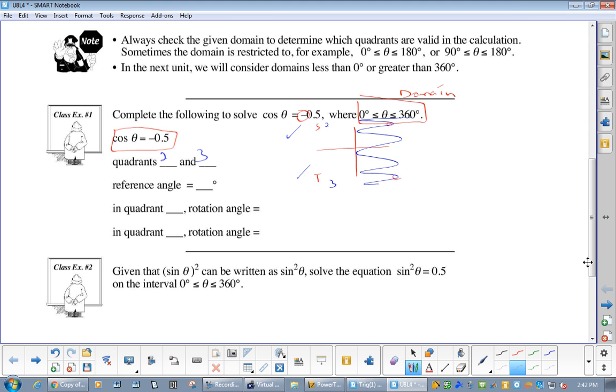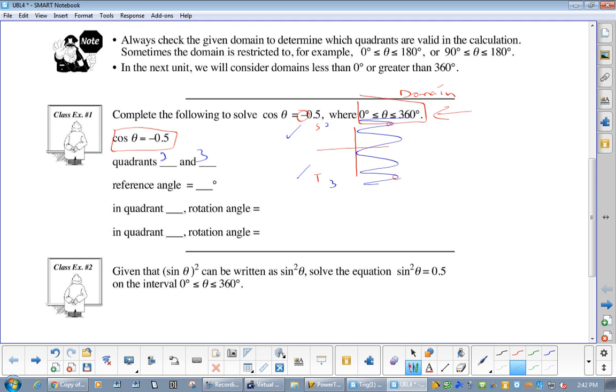So always keep an eye on the domain. If it says between 0 and 2 pi, you switch to radians in your calculator. Okay? So it will not say, make sure you're in degree mode, but it kind of does. Because it says, hey, this is what you're playing with. Between 0 and 360. Okay?